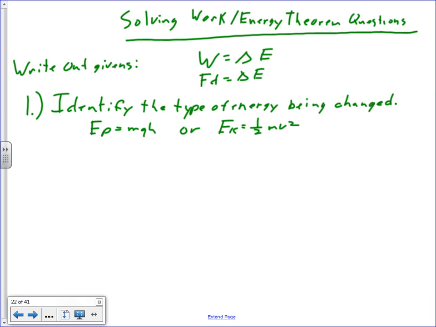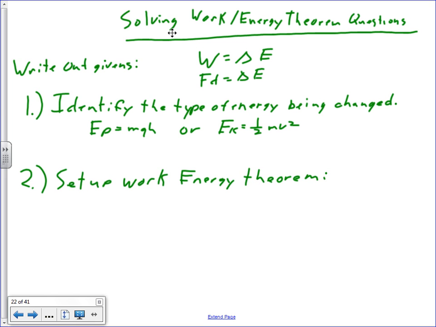Once we've identified the type of energy that's changing, then we set up the work energy theorem. What I mean by that is this: work is a change in energy, and that means force times distance equals final energy minus initial energy.